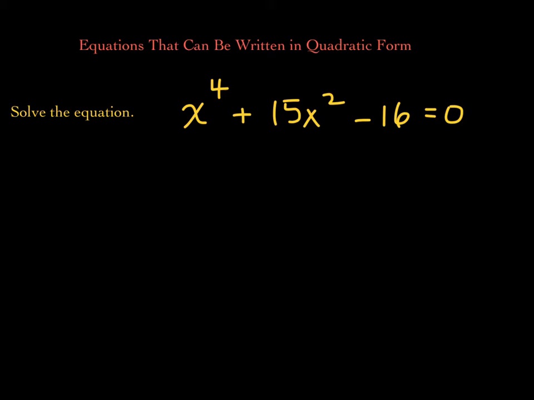For this first equation we want to solve, notice that it's not quadratic. It's actually quartic. It's degree 4, so we call it quartic. So this is not a quadratic equation. But I want to show you how it is quadratic in form.